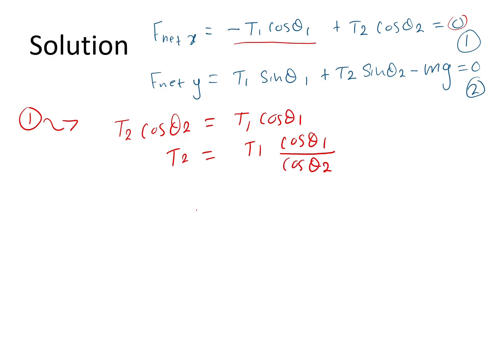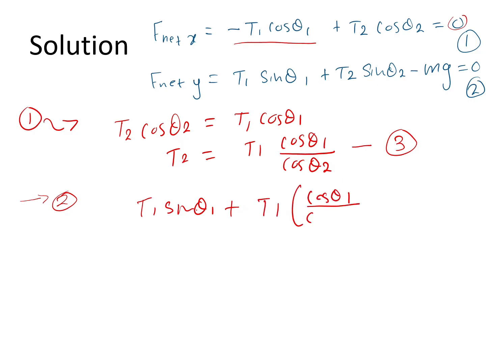Let's use this as our equation number 3, and then substitute this into our equation 2. So we get T1 sine theta 1 plus T1 cosine theta 1 divided by cosine theta 2 times sine theta 2 minus mg equals 0.